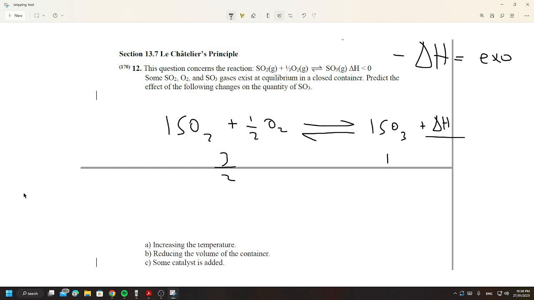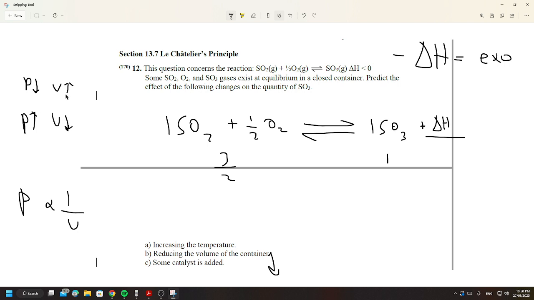Okay. So we know pressure and volume are inversely proportional. So if you were to increase the pressure, then the volume would decrease. And if you were to increase the volume, then the pressure would decrease, correct? Here, they told us that the volume was reduced.